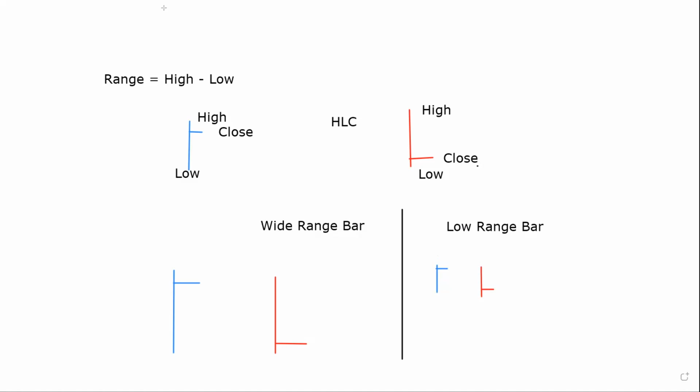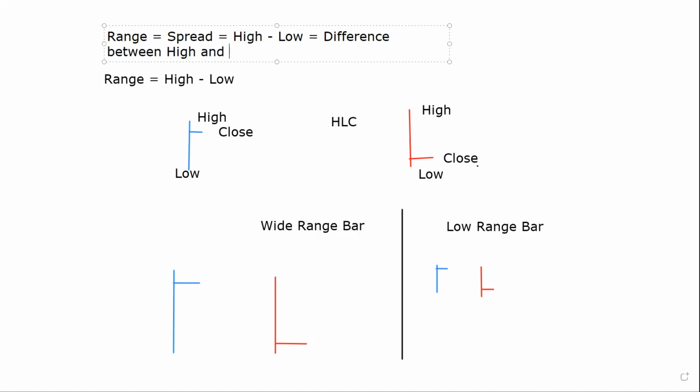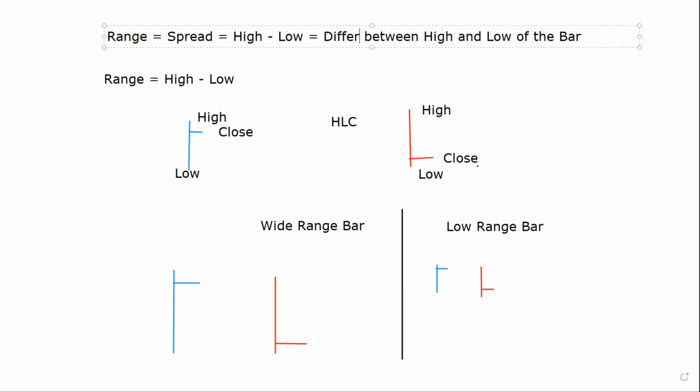Now one point to note here is that range is also known as spread. So whenever I consider range or spread, it is high minus low, or in simple words, the difference between high and low of the bar, the distance, or you can simply call it the length of the bar.